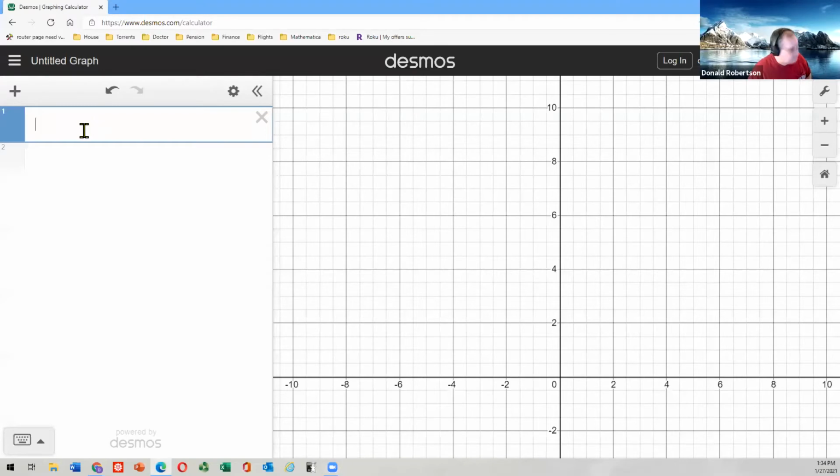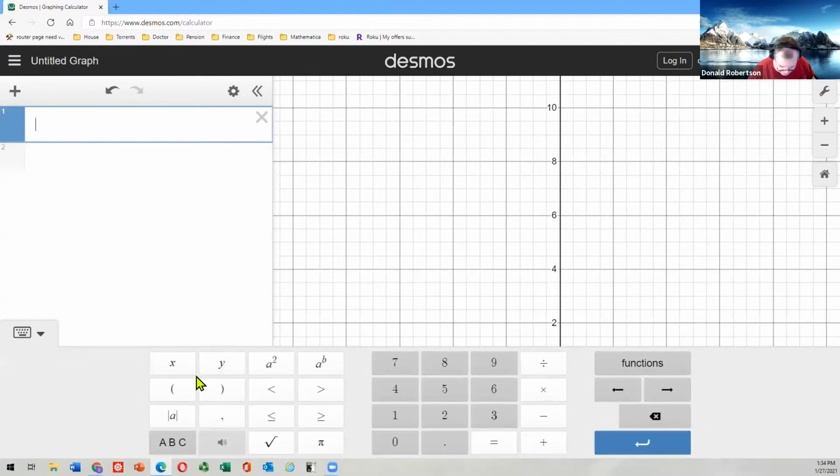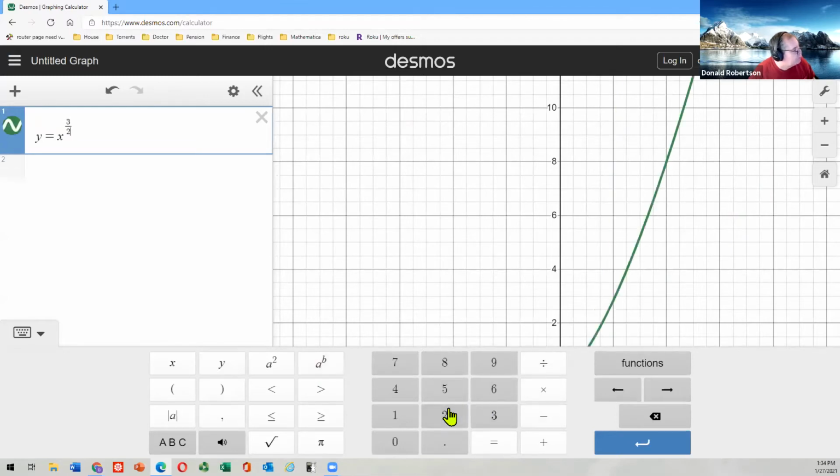So it's going to be y equals x to the power of 3/2. So I should be able to just go 3 divided by 2. Perfect.